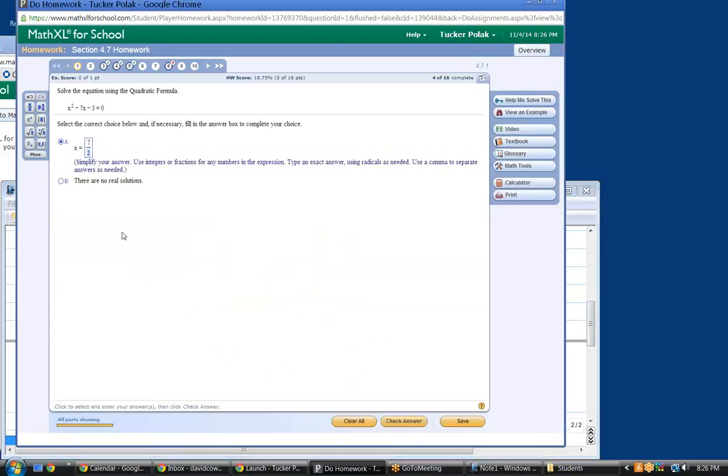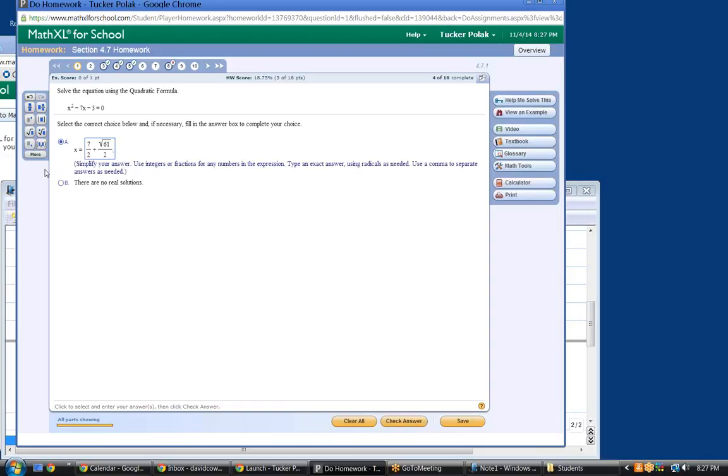7 halves plus root 61 divided by 2. There's one answer. Separate answers by a comma. What's the second answer?